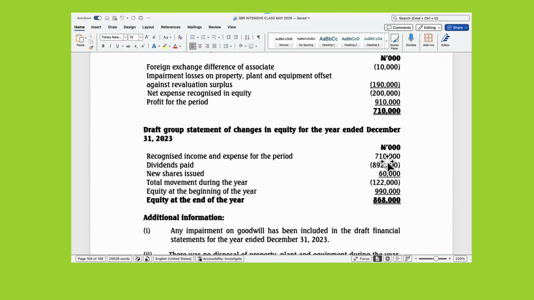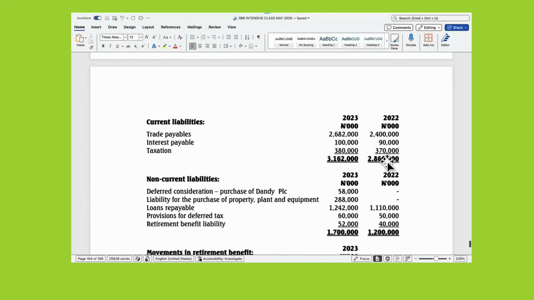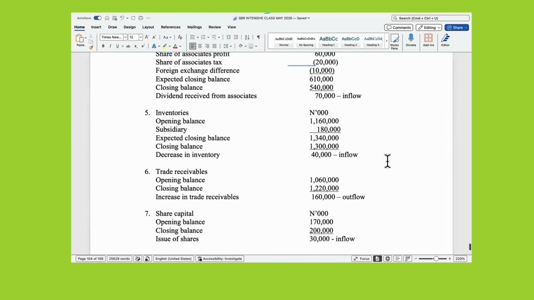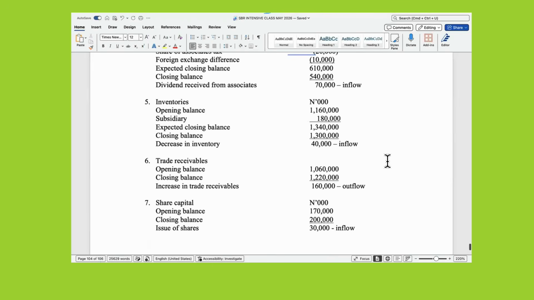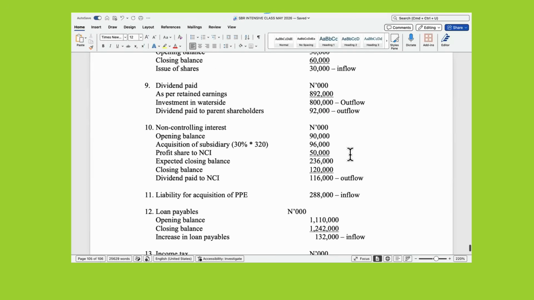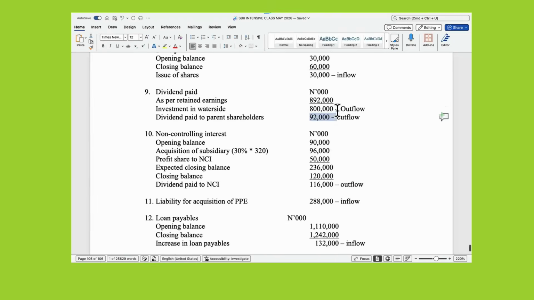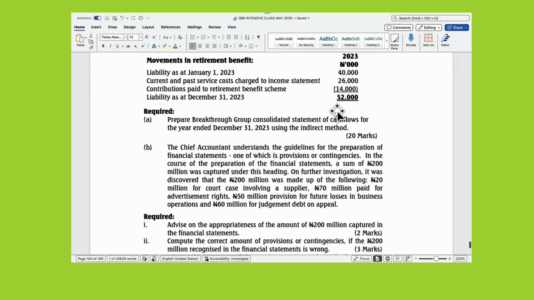The remaining 92 will be treated as financing, which is the dividend that was paid. So this 892, they said included in it was investment in Waterside. So the balance, the remaining 92, would come in as normal dividend paid to shareholders.